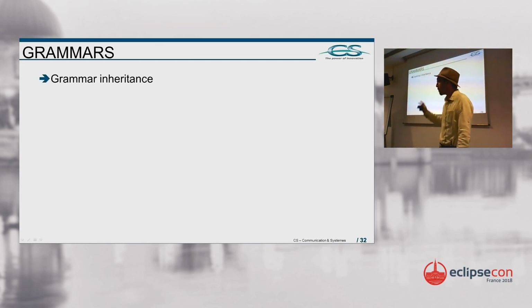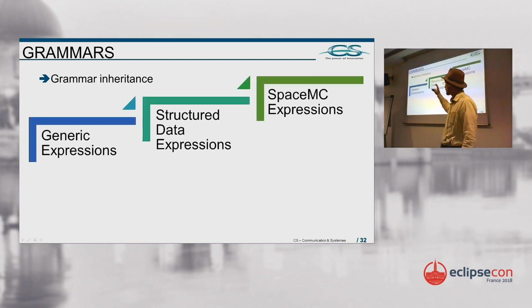We have different grammars which inherit from each other. There's not one but 3 grammars. The generic expressions contain only the core operators and types. We have structured data expressions which allow us to navigate in the tree with paths, relative and absolute.